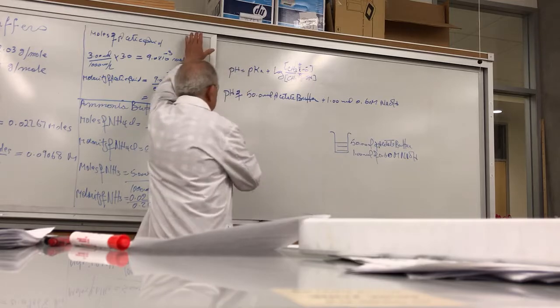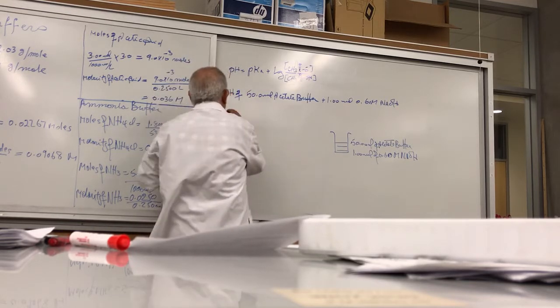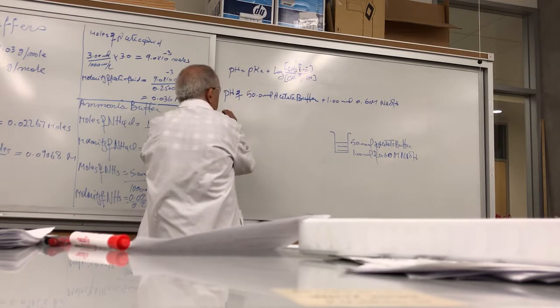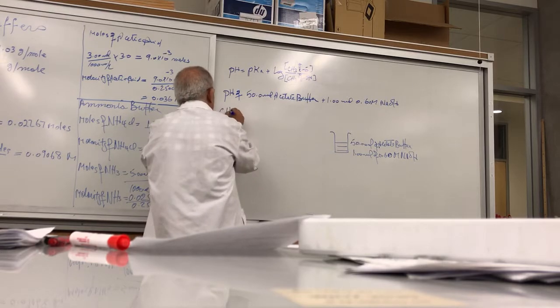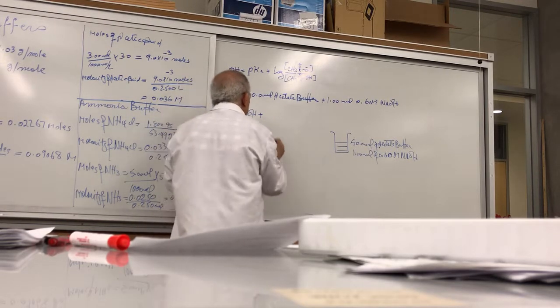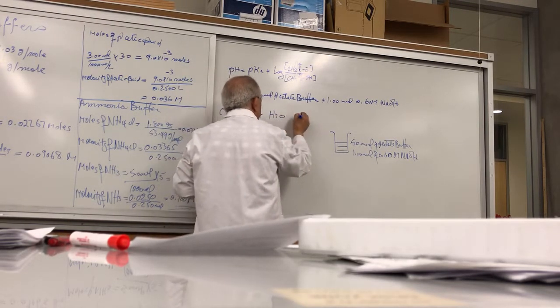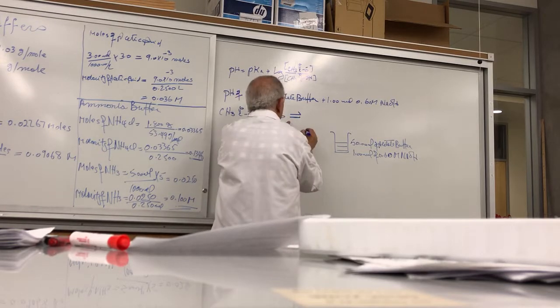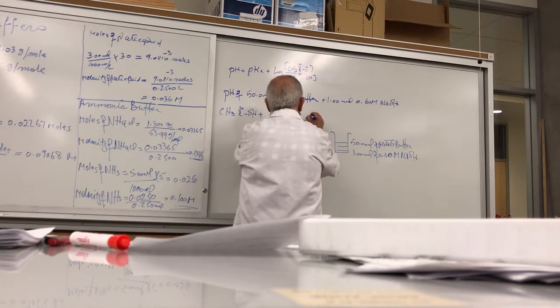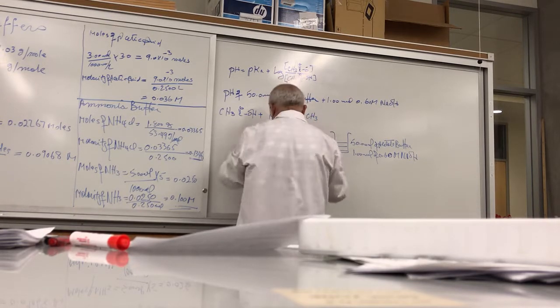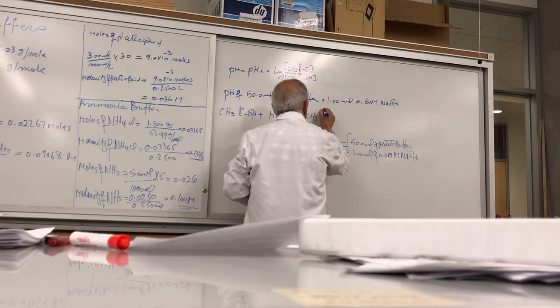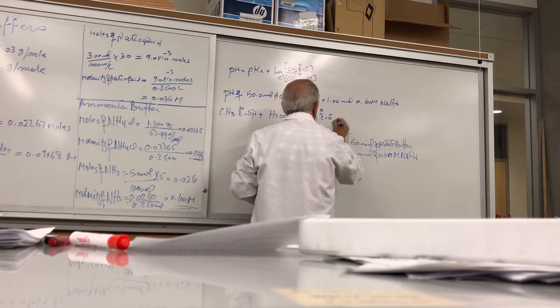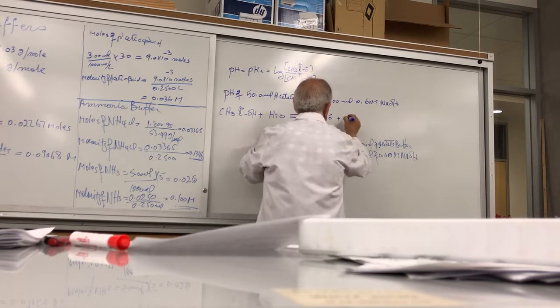You need to write down first how the acetate buffer looks like. Acetic acid plus water gives you acetate ion plus hydronium ions.